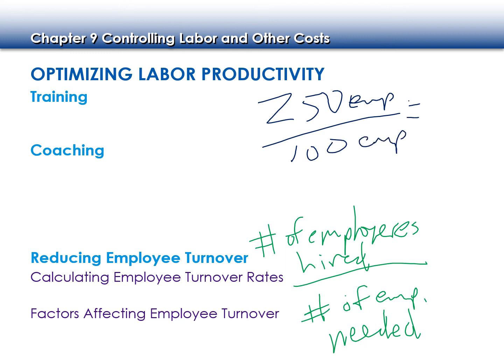That means 250 divided by 100 gives me 2.5, and as a percentage, when we move that decimal place over 2, we realize that this represents a 250% turnover rate. Okay, 250% turnover rate.